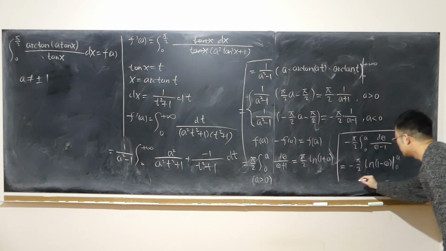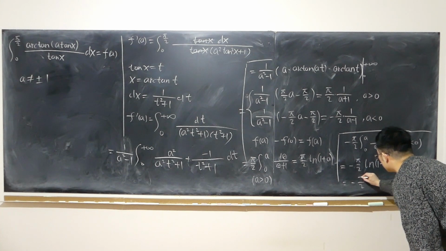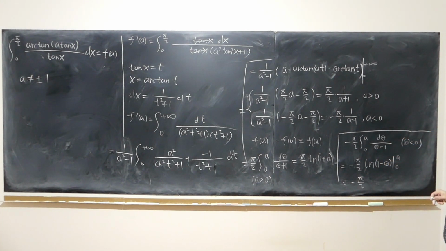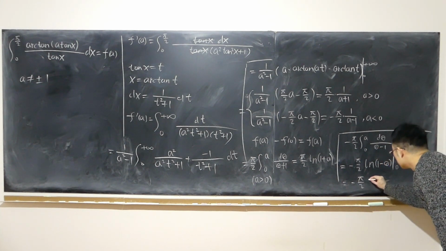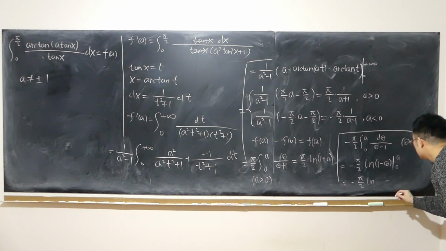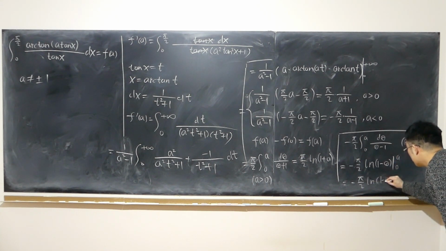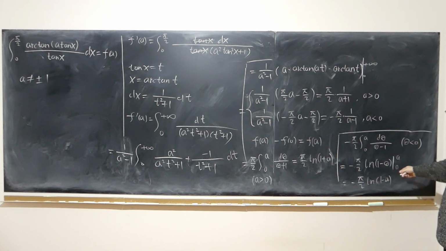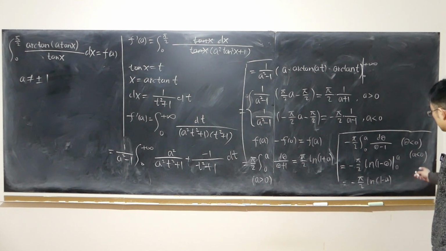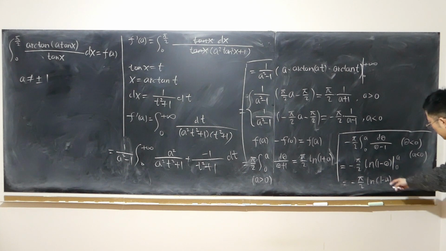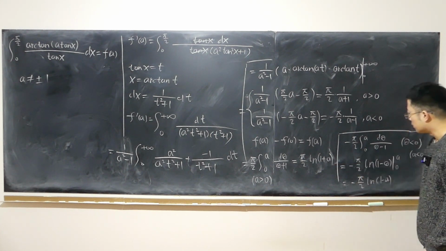That is equal to negative half pi times log of 1 minus a, minus 0. When a is negative, negative a is positive, so it's 1 plus some positive number.